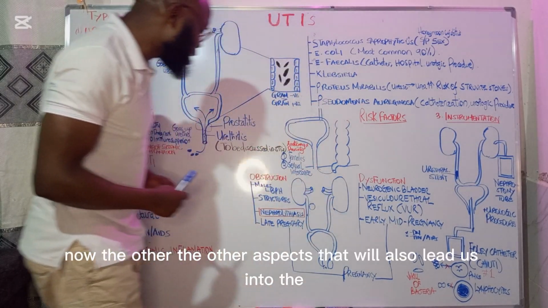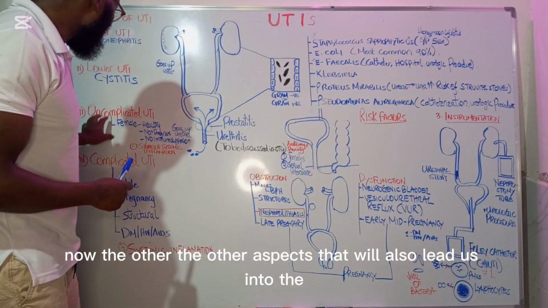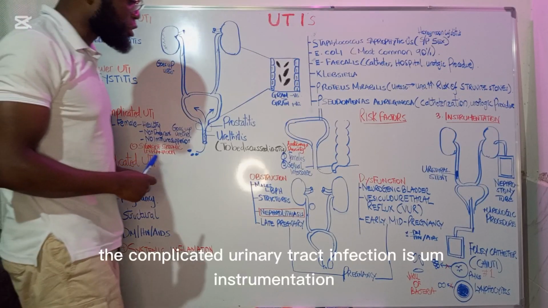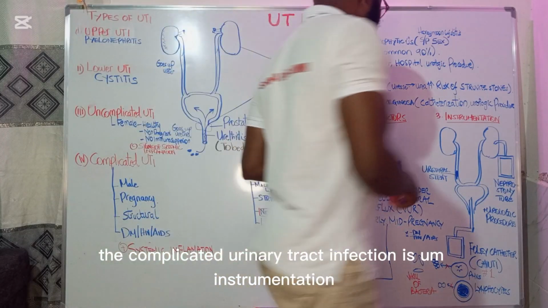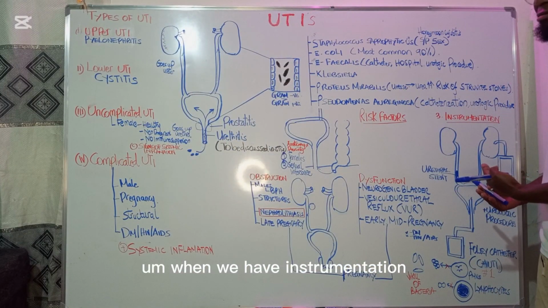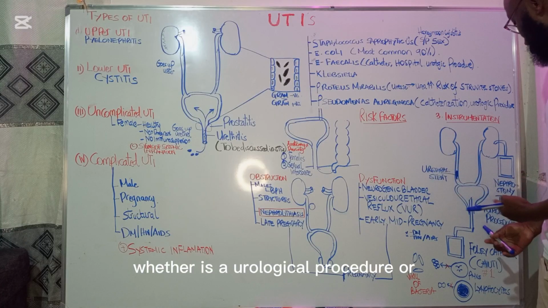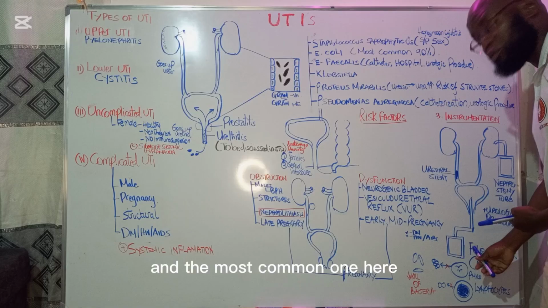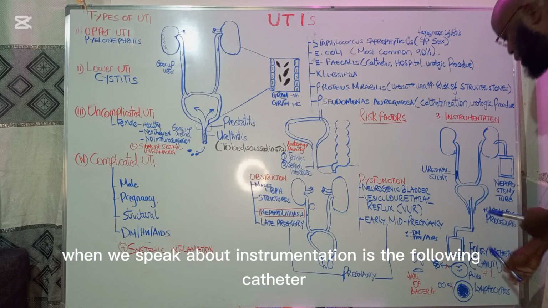Now, the other aspect that will also lead us into the complicated urinary tract infection is instrumentation. Here, we will be speaking about when we have instrumentations, whether it's a urologic procedure or, and the most common one when we speak about instrumentation is the Foley catheter.